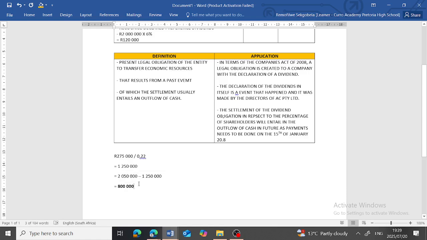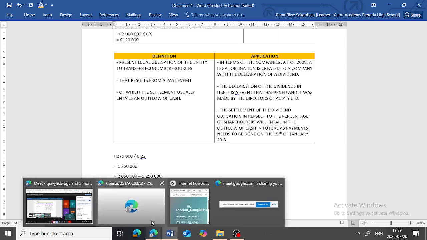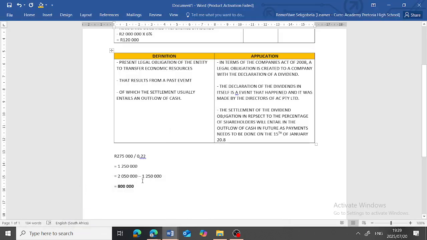We need to know the value of those shares issued during the year. They tell us it's 7 Rand 50 cents, which means that the value of the shares issued during the year will be a figure of 6 million.